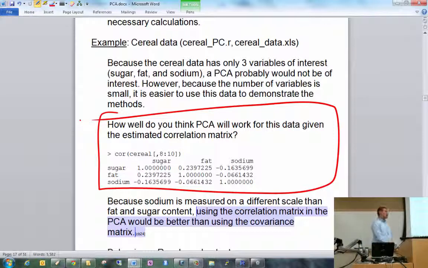We've seen this correlation matrix before. Why do you think principal component analysis might not work well here? The correlations between these variables are relatively small. You're going to see what happens when we do these principal component analysis calculations, and so I think this is also a good illustrative data set to begin with.